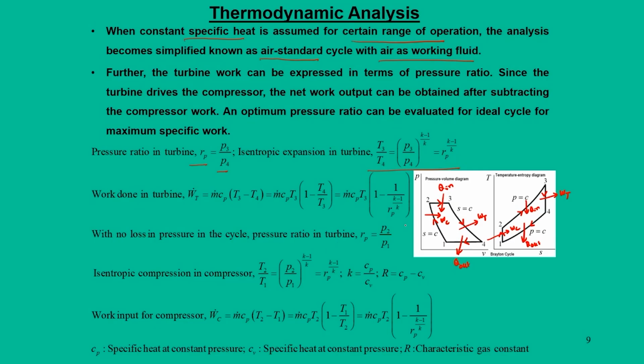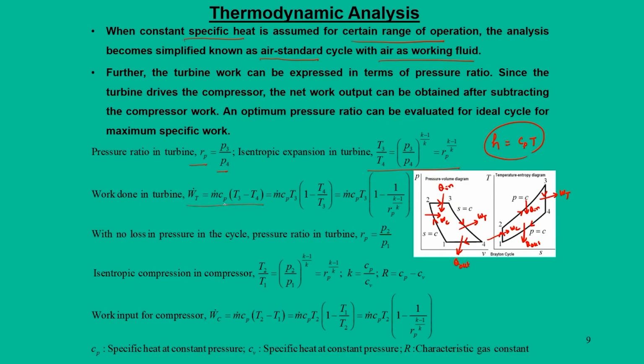Then, using the pressure-volume and temperature-entropy diagrams, we can calculate the work done in the turbine, m times Cp (T3 minus T4), because for a gas we can write enthalpy as Cp times T. So, enthalpy is a function of temperature.